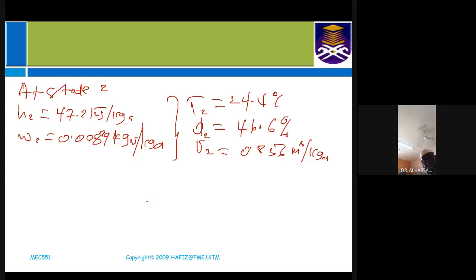The velocity at state 2 by definition is given by V2.